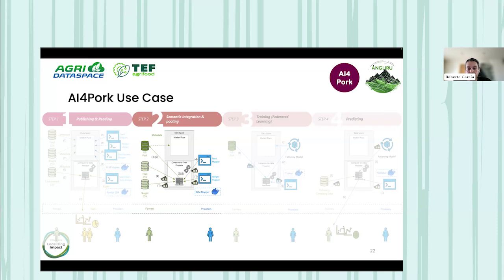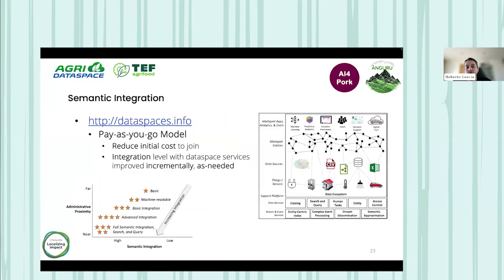Our approach in this case is called the pay-as-you-go model. That is basically that you allow anyone to share the data in the format that they have it. They don't have to make any effort beforehand to share the data, because otherwise this is a barrier that is going to be difficult to overcome.